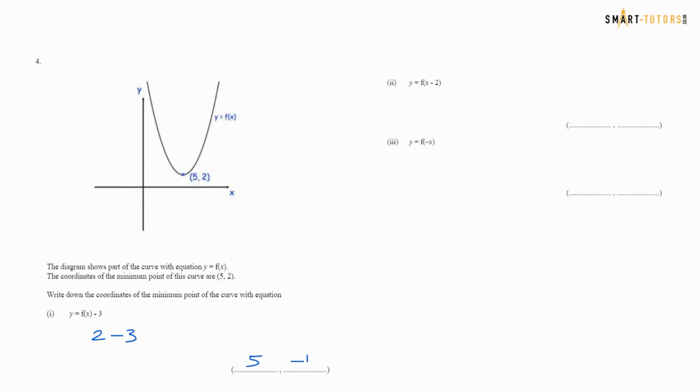F of x minus 2 means the graph is moving to the right, the x coordinate adds 2. So the x coordinate 5 add 2 is 7, comma, the y coordinate has no change, 2. Y equals f of minus x is the y axis reflection. With the y axis reflection, the y coordinate is not going to change. 5 becomes minus 5.